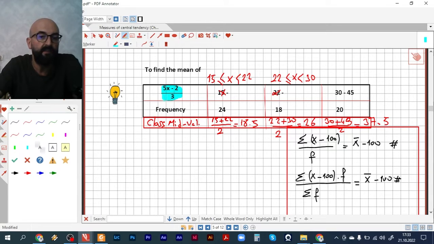Okay, and if you want to find the mean, notice that you will find 5 times the mean minus 2 over 3, because they give you 5 times x minus 2 over 3 data.